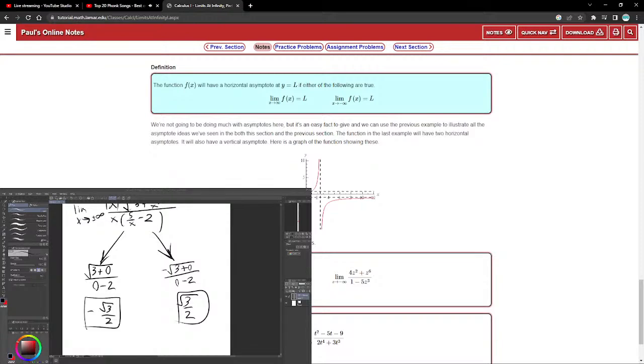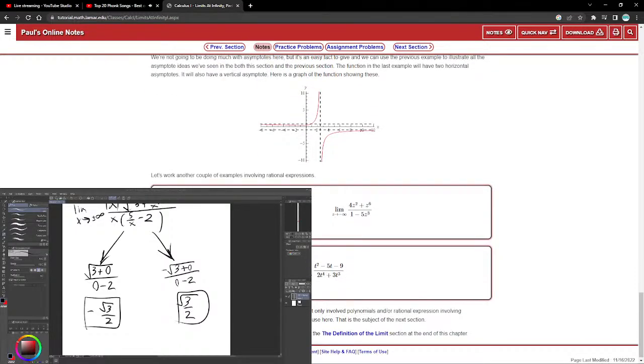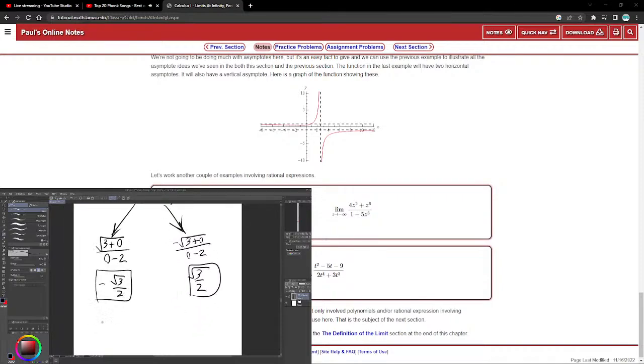Let's work on a couple of examples involving rational expressions. Probably the following limits.